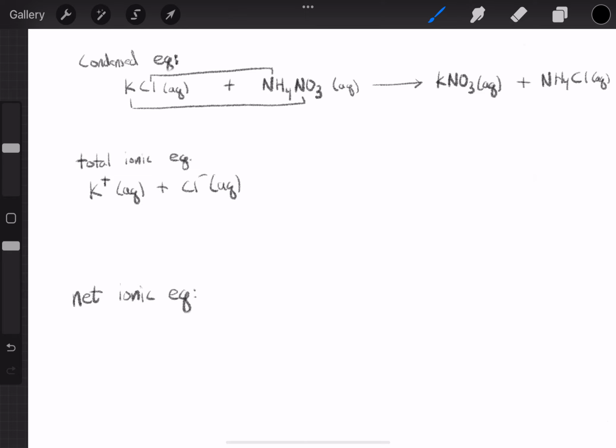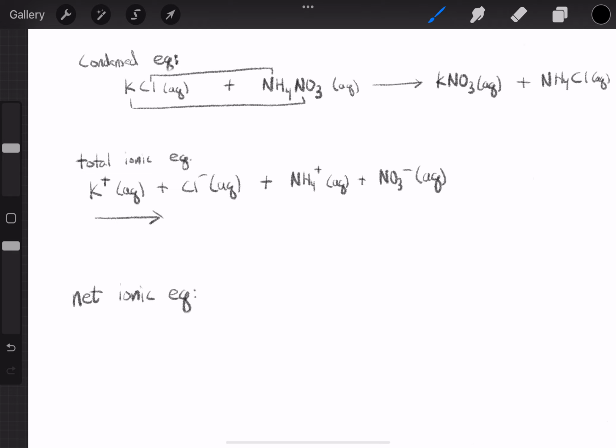So we're balanced. Okay. Now we already determined that these compounds are both soluble. Now potassium nitrate, remember there's no exceptions for nitrate, so that's also soluble. Oh, but also ammonium chloride is soluble. It's not one of the exceptions, so everything is soluble.